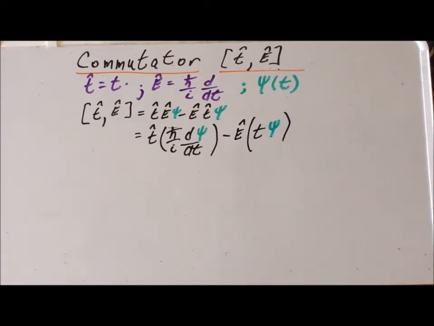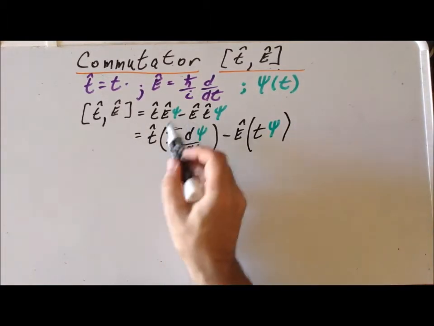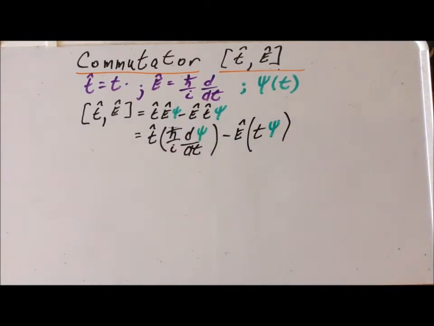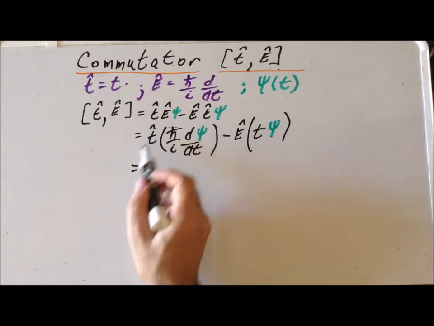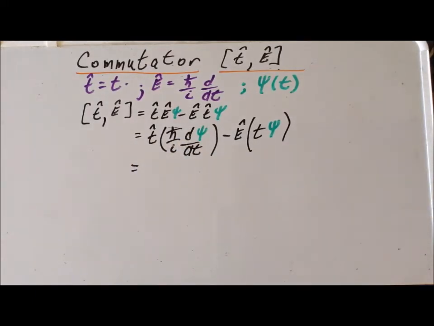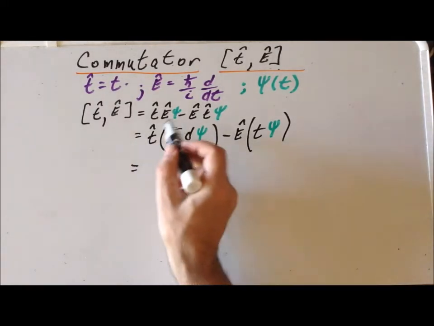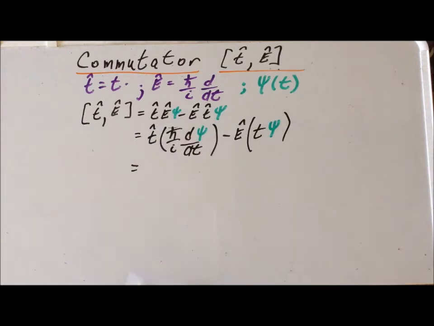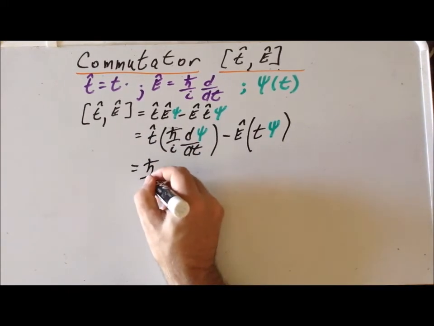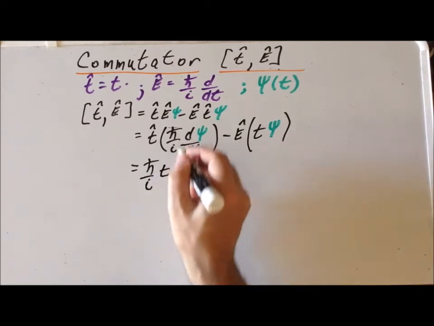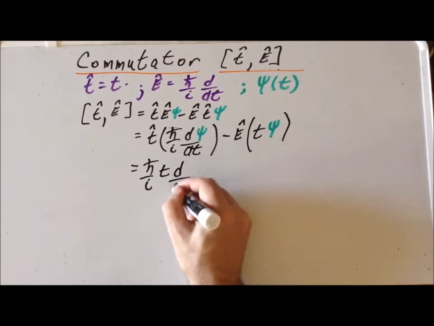So now that we've operated with the first operator, we can proceed with the next operator. In this particular case, the t operator simply multiplies by t. It doesn't act directly upon the constant, so we can pull the constant straight through. So we get h bar over i times t times the first derivative of psi with respect to time.